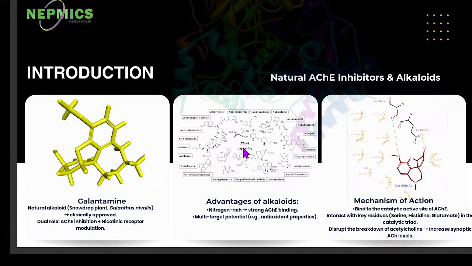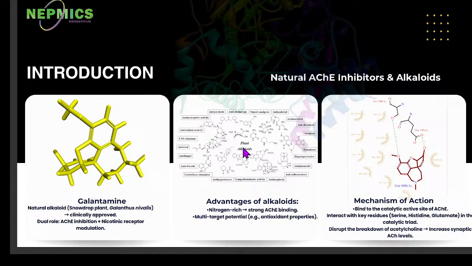As I've already mentioned some of the inhibitors, apart from donepezil and rivastigmine, galantamine is another drug. Galantamine is the only FDA-approved drug from a natural source: a natural alkaloid isolated from the snowdrop plant, and it is clinically approved. It has another role as well.